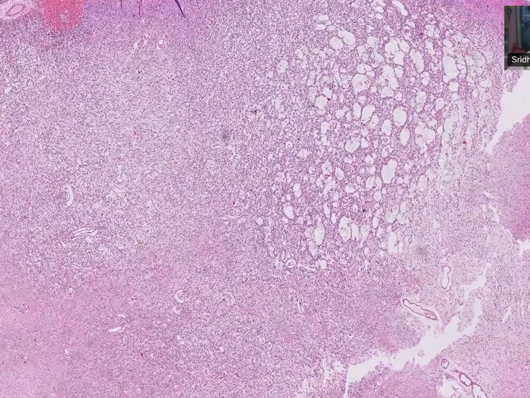So this is an overview here. You just tell us how the lesion looks. There are areas of microcystic spaces. Yeah. So you can say there's an area which you can make out is cellular. Whenever you're describing a brain tumor, you have to describe cellularity with respect to the normal parenchyma.